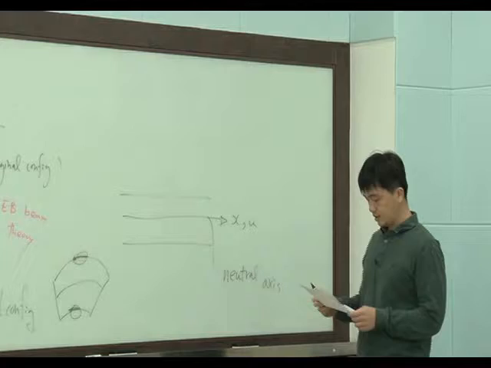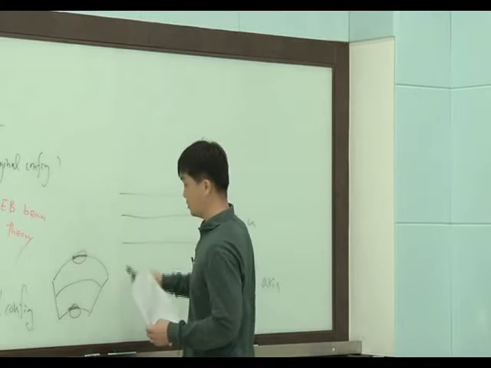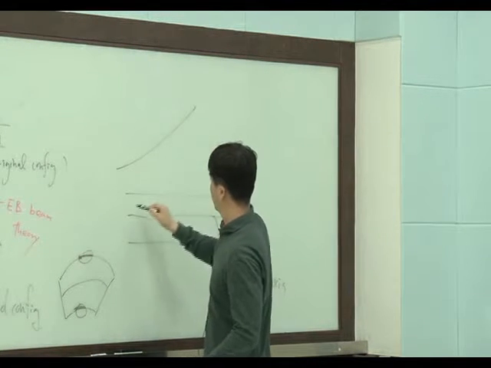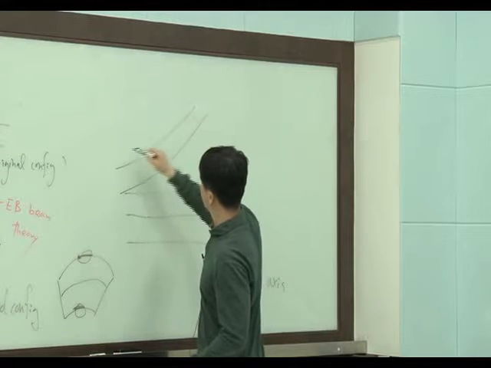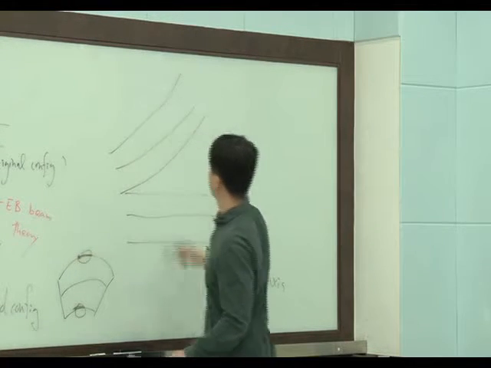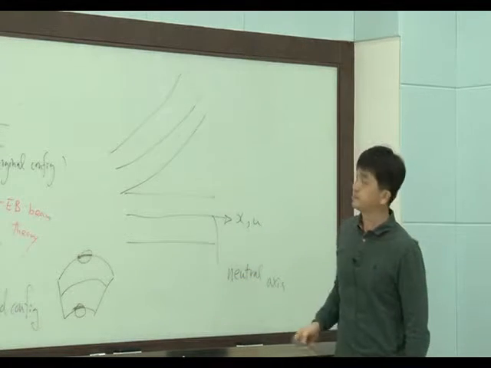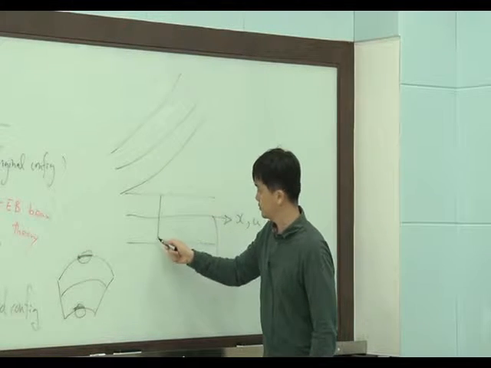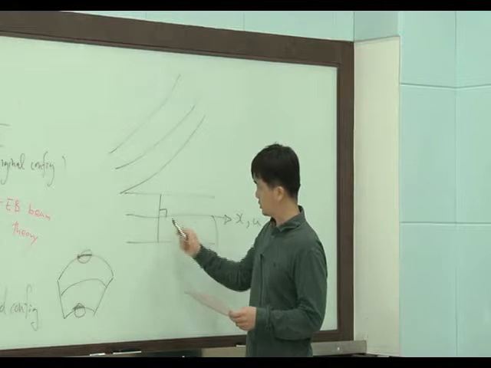So let's consider the reference line as the neutral axis. And then consider some deformation of the beam. Let's say this is a deformed configuration, and let's consider some point here, some cross section here.